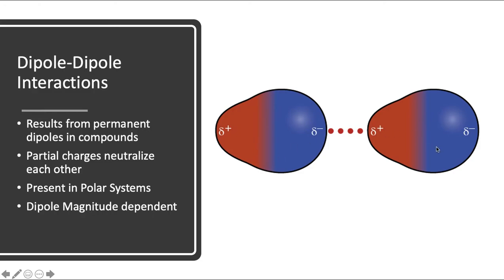Whatever has the largest electronegativity difference will be the more polar bond. And if it is the more polar bond, then it will have a larger dipole magnitude, which will in turn translate into larger dipole interactions or larger intermolecular forces.